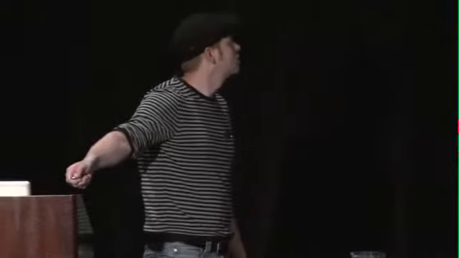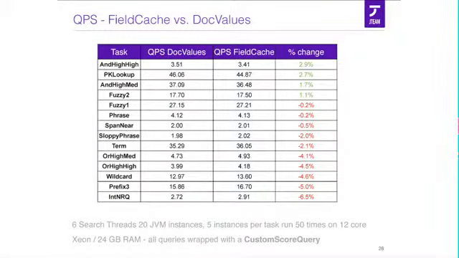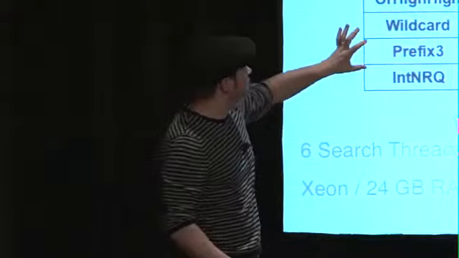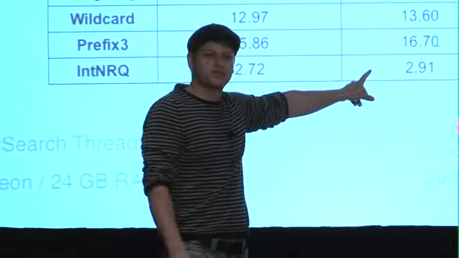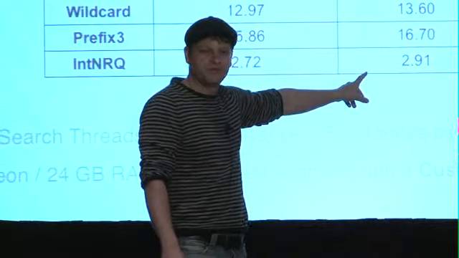Oh, okay. I'm going back here. You're referring to those 2 slides? Yeah. So those are actually queries per second, right? So that's actually query execution time. This column here uses field cache. So it's basically an array lookup, right?